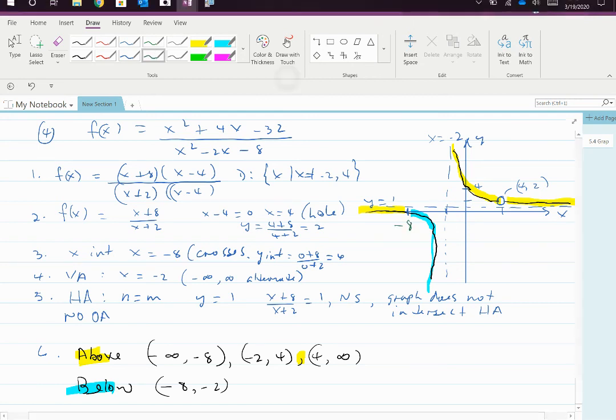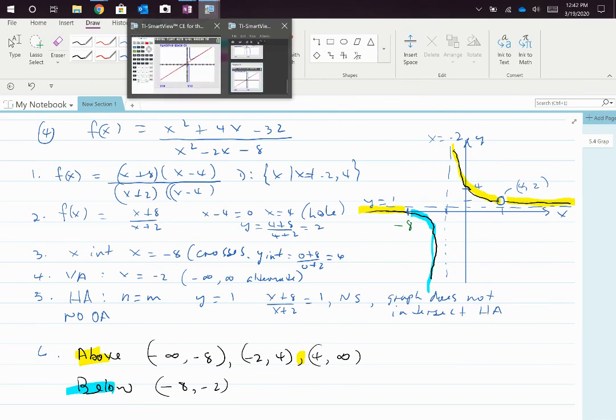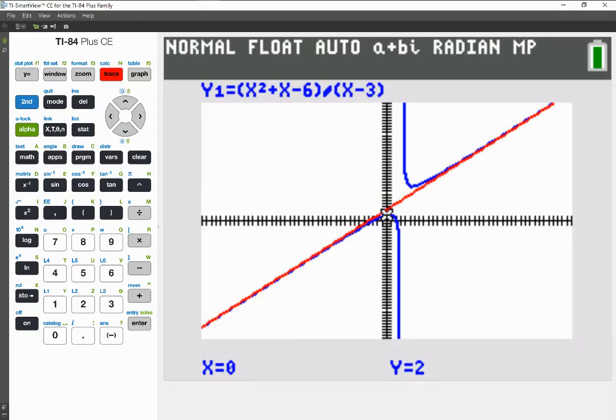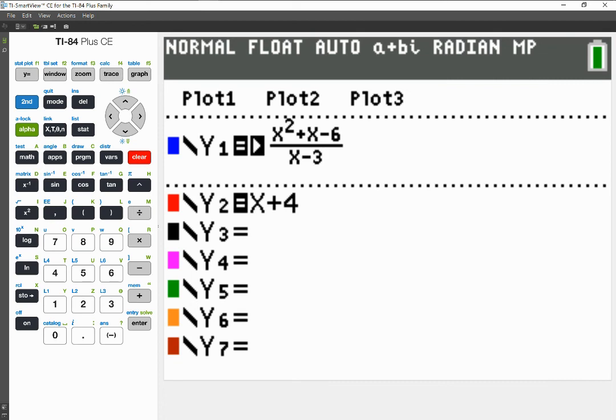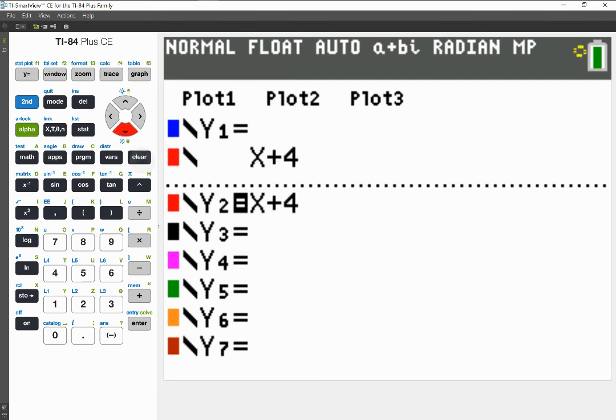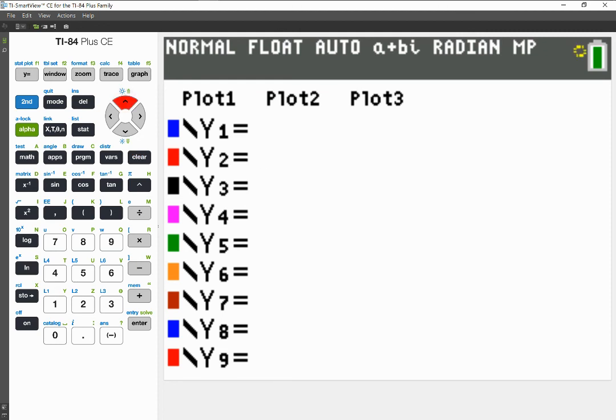And as usual, we want to go ahead and put this into the calculator and check it. Remember that the calculator will not show you a hole in the graph, okay? So we can just graph the simplified form of this, which is x plus 8 over x plus 2.